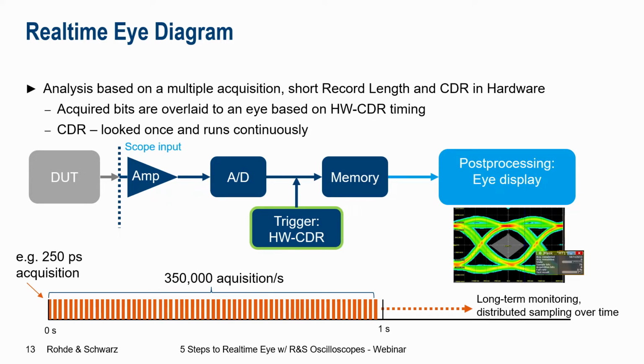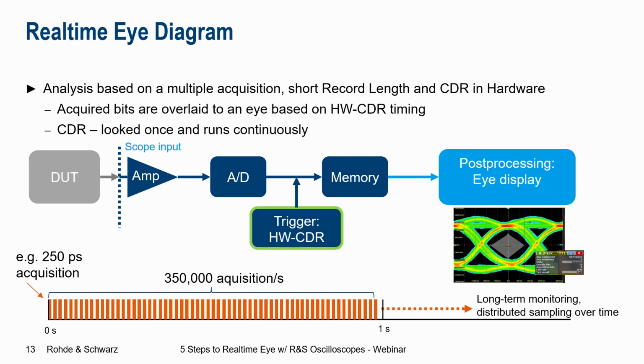So here the idea is to zoom with, or to scale with the oscilloscope to just a data bit and then use a clock data recovery in hardware. So if we look to the diagram here, again we have the input channel of the oscilloscope, we have the AD converter, and then we have a hardware clock data recovery as a trigger. So the clock data recovery, extracting the timing information from the signal, is the reference for the trigger.